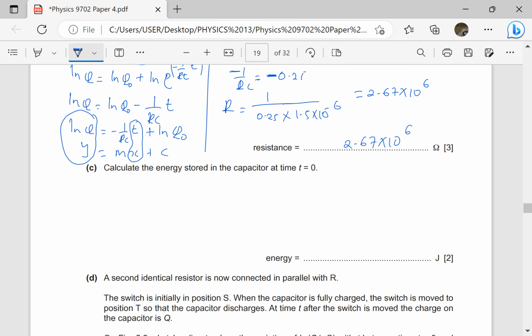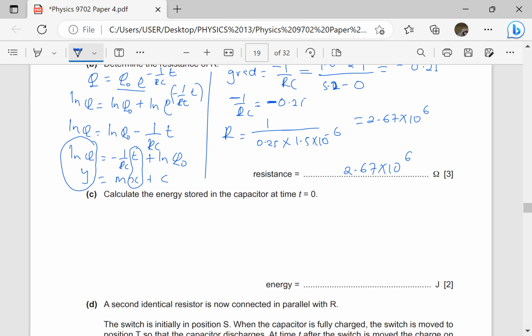Then calculate the energy stored in the capacitor. We know that energy is equal to a half CV squared. So energy stored in the capacitor at t equals 0, this will be the initial PD.